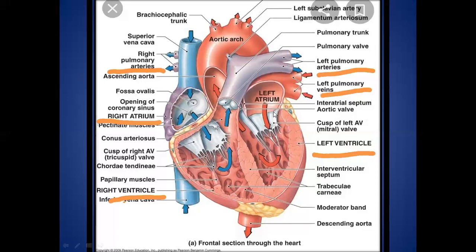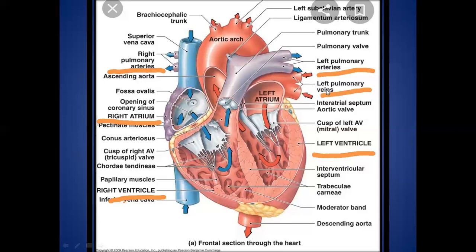Coming toward the second atrium, the clean blood or oxygenated blood enters from the lungs. It comes from the lungs, and which veins carry this blood from the lungs? These are the left pulmonary veins.